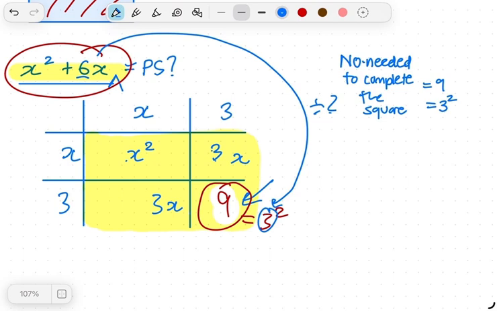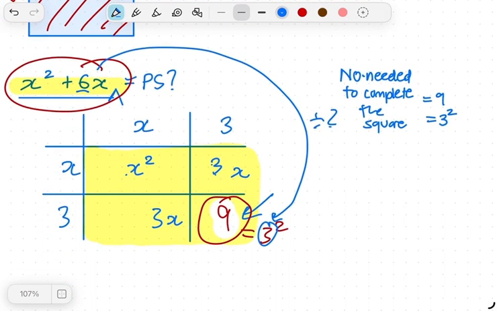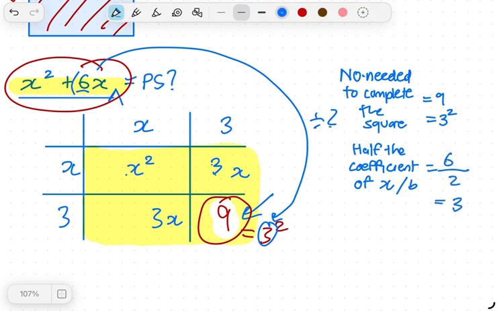And what is half the coefficient of the term b, i.e. the b term here? In this case, the b term is 6, so you take half the coefficient of the x term, or b, which is the same thing, by the way. That will give you 6 divided by 2, which is 3.